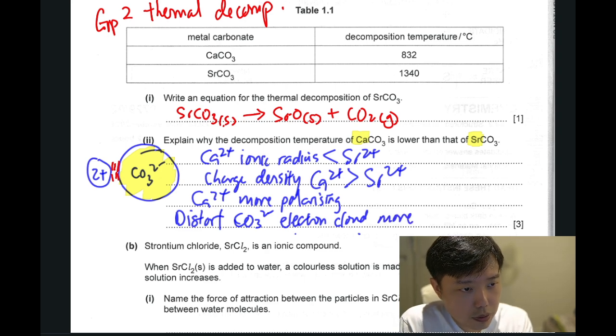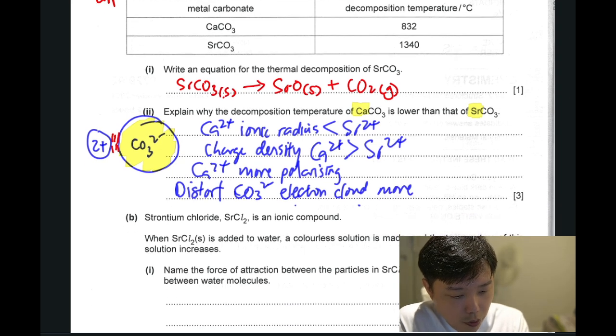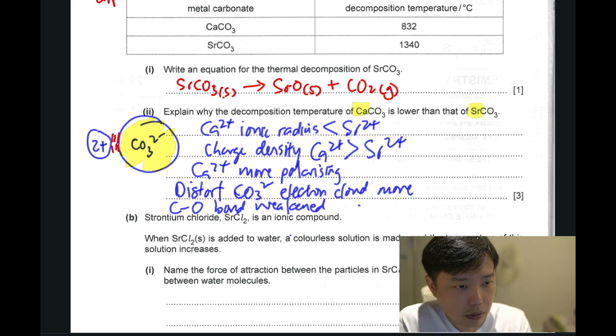So this means that the C-O bond will be weakened to a larger extent.